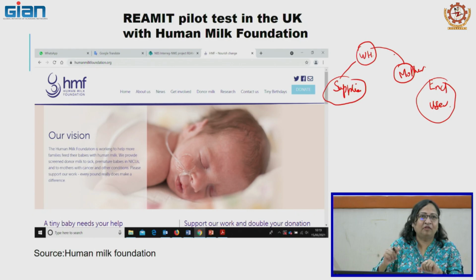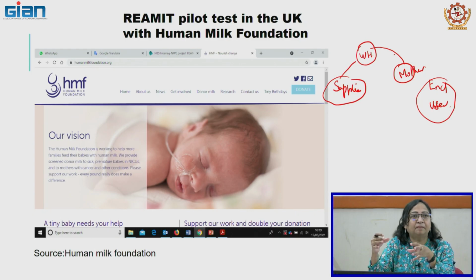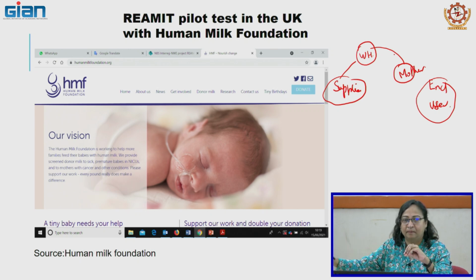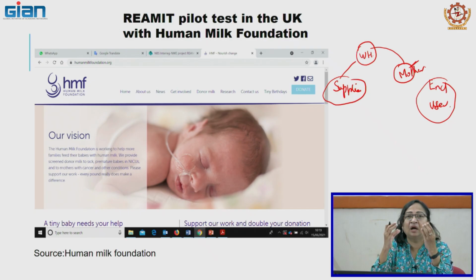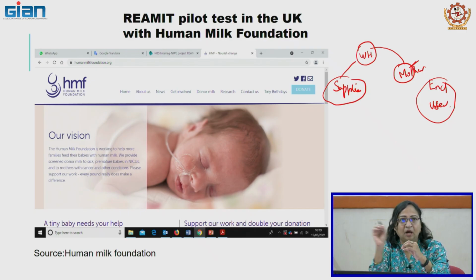They have a small temperature control pack, they put the milk in it, and that pack is transported to the mother's place. This mother is a cancer patient, she cannot have it. So, it has to be delivered to the carer appropriately at that time. The tag label will say clearly that you have to use it by this time and keep it at 5 degrees centigrade.